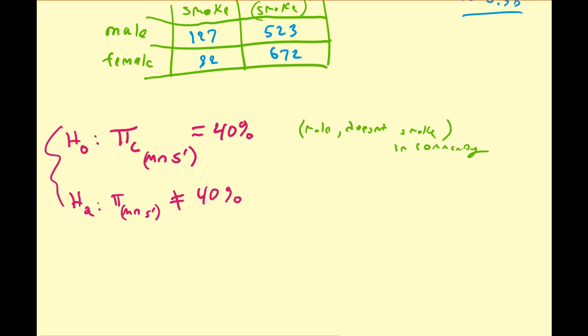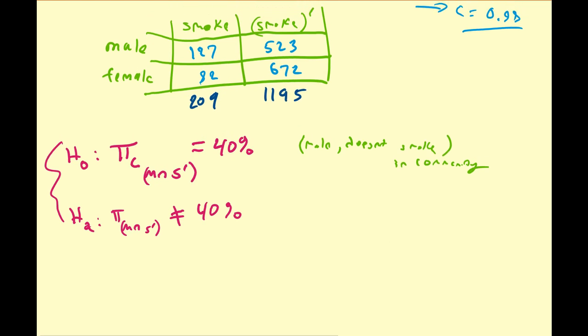All right, so let's go back to our table and just add up a couple things. So let's see. 127 plus 82, that's going to be equal to 209. 523 and 672 is going to come out to 1195. And if we add across the rows, that's going to give us 650 for the first row.